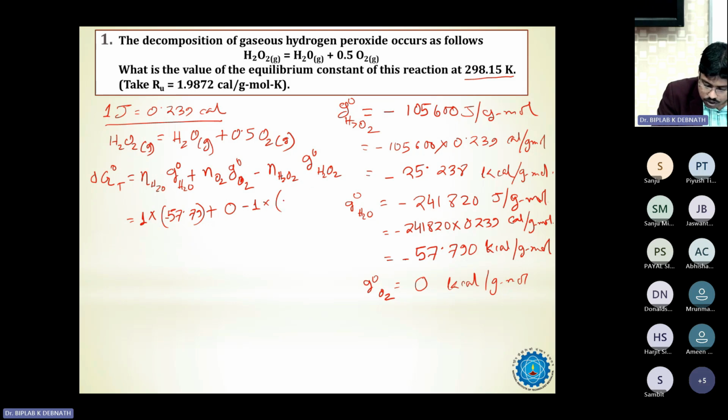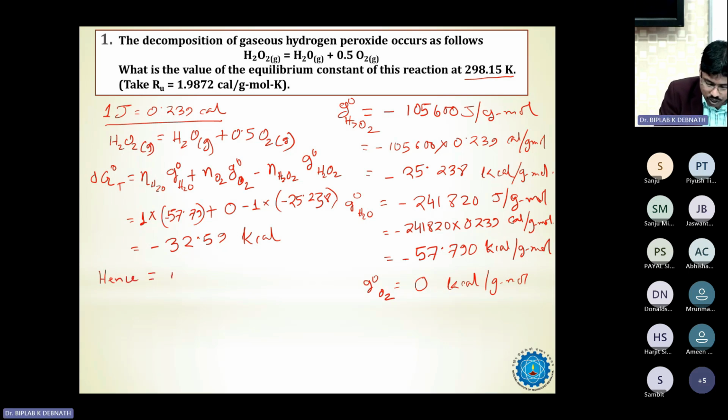So H2O2 is minus 25.238. After calculation, you will get minus 32.59 kilocalorie of the Gibbs free energy change. Gram mole will cancel out because we have considered 1 mole.